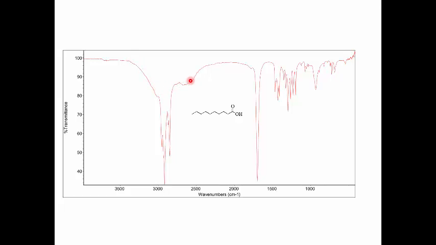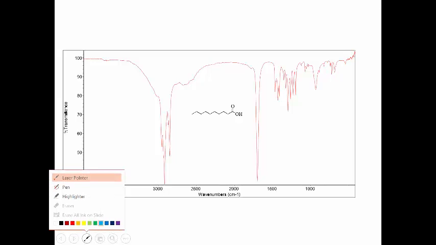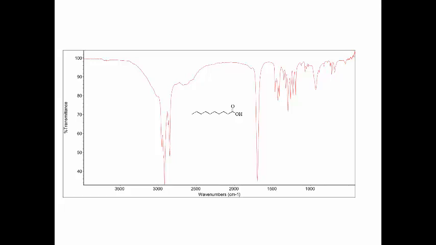And we would also look for, if we suspect a carboxylic acid, the carbonyl of a carboxylic acid, and that would be right here. So remember, in a carboxylic acid we have a carbon-oxygen stretch, and we have an oxygen-hydrogen stretch. So this is the carbon-oxygen from a carboxylic acid.